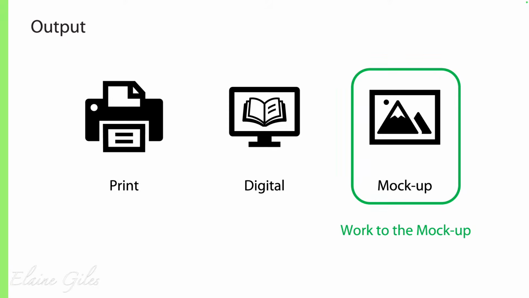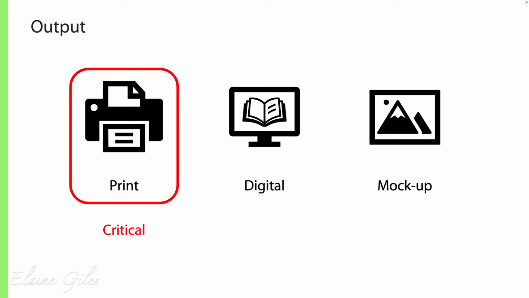Simple as that. Some of these mock-ups will have print sizes. The majority of them do not. They have their own sizes, which I will show you. So for a perfect mock-up, you need to work to the size of the mock-up. If you are 1 millimeter out, it's not a problem. I will show you how to fix it. Again, you can afford to be far more flexible.